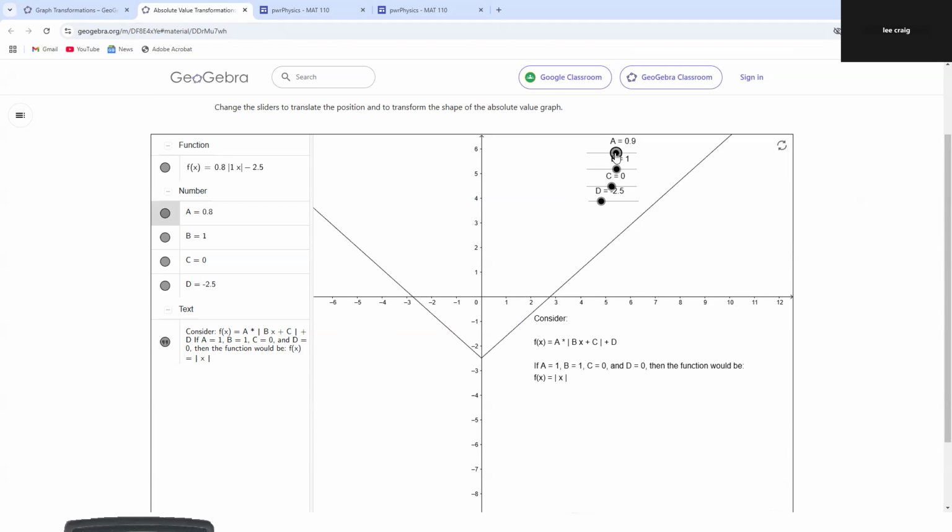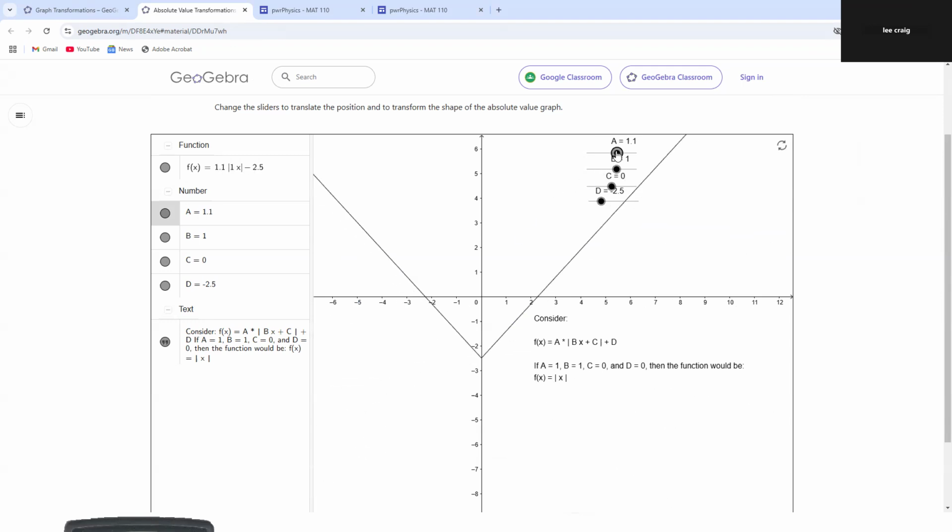I'll take it back out for a second. Boop. There's a positive number, so I've got the absolute value going up. As soon as I drag it down into negative land, then it inverts it, it reflects it across that bottom point right there, and off it goes.